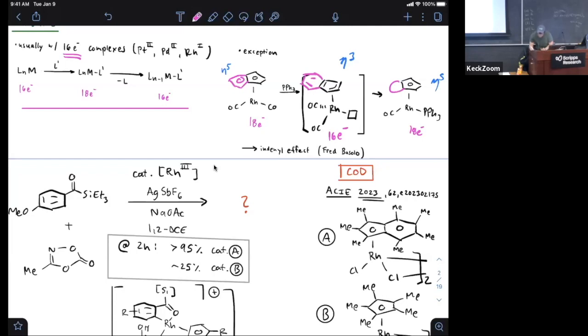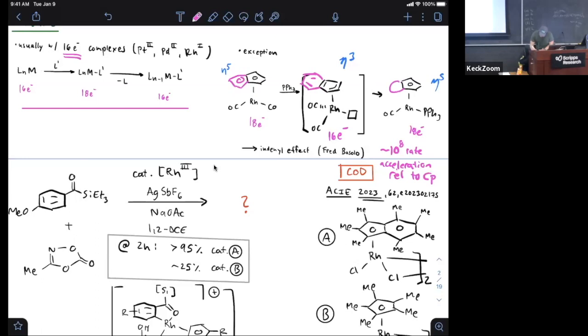And this leads to a 10 to the 8th rate acceleration relative to Cp itself.